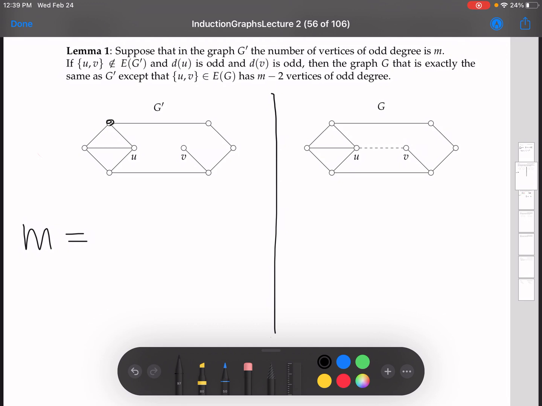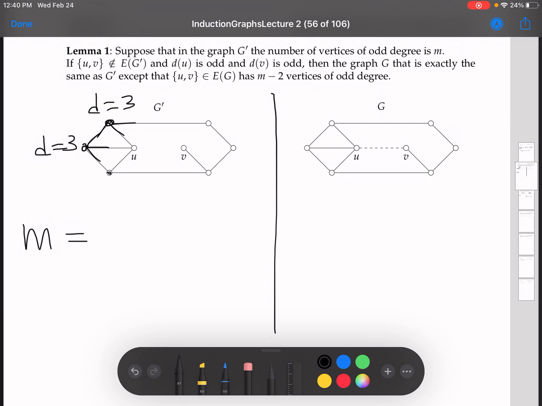Starting with this vertex right here, remember the degree is the number of edges adjacent to that vertex. Another way of thinking of that is just the number of edges that touch that vertex. So this vertex touches 1, 2, 3, so the degree is 3. This vertex, 1, 2, 3, degree is 3.